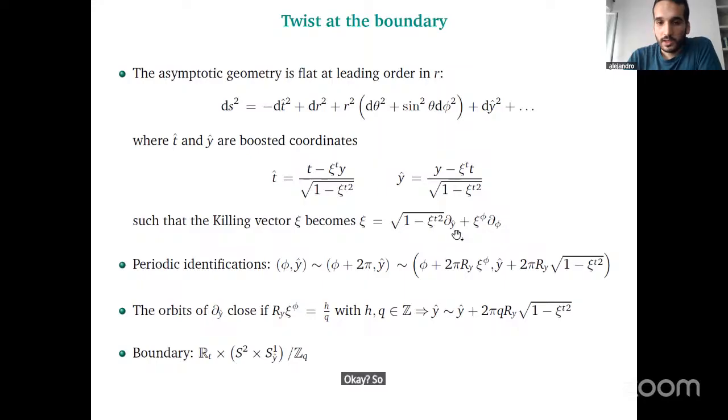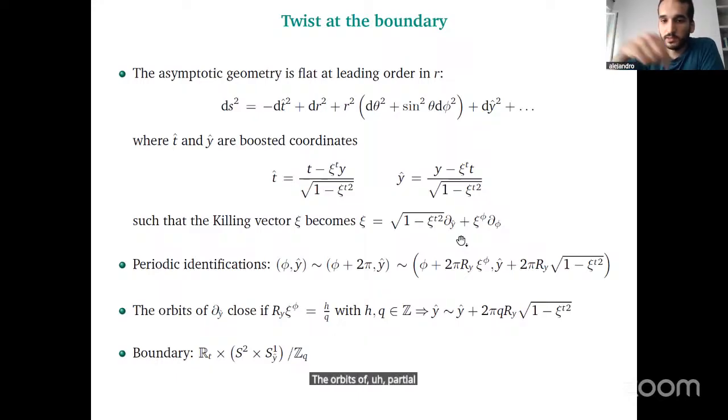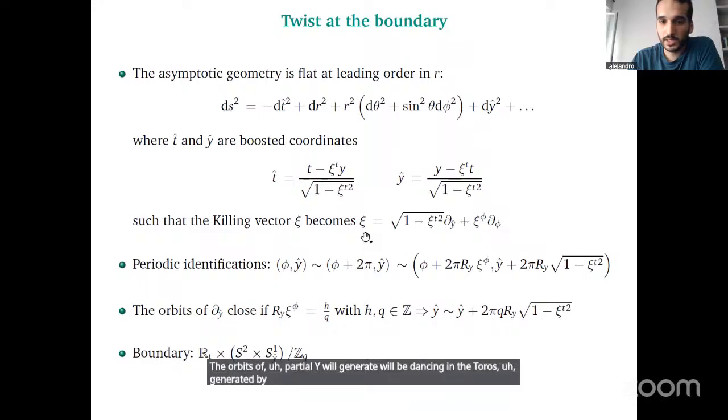At this point, the orbits generated by partial y hat don't close, because this is a combination of partial chi and partial phi, which both have closed orbits. If you don't impose any condition, the orbits of partial y will be dense in the torus generated by partial chi and partial phi.